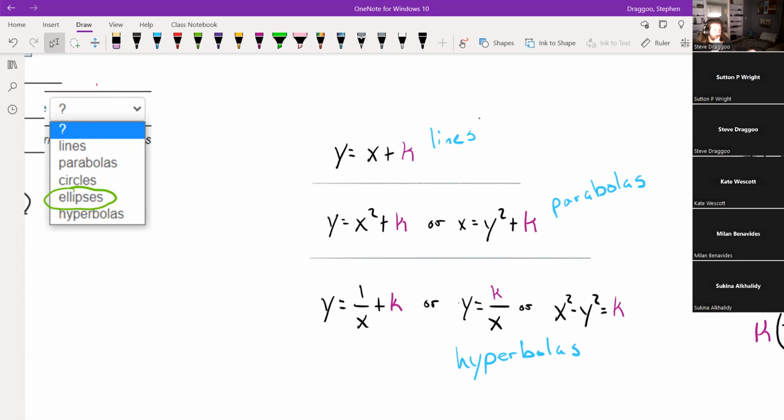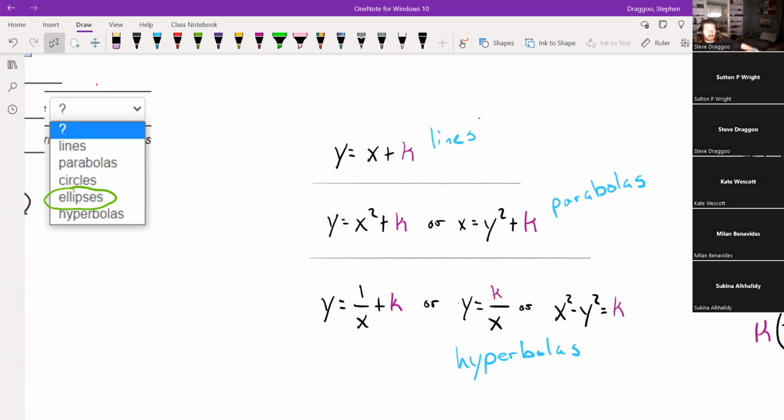And then the hyperbolic shapes might come in 3 different flavors. We might see a y equals 1 over x plus k, or we might see a y equals k over x. Both of those could be a hyperbolic shape, as well as the x squared minus y squared equals k term, or x squared minus y squared expression.